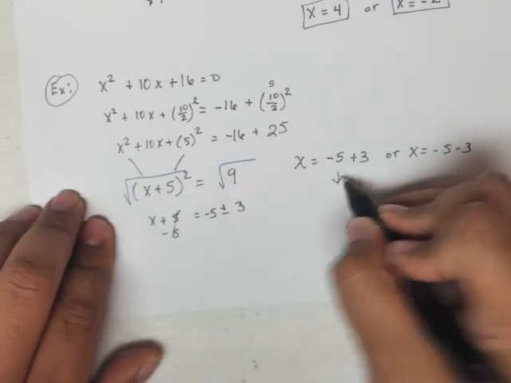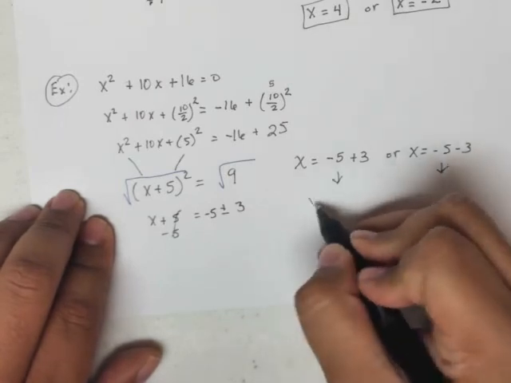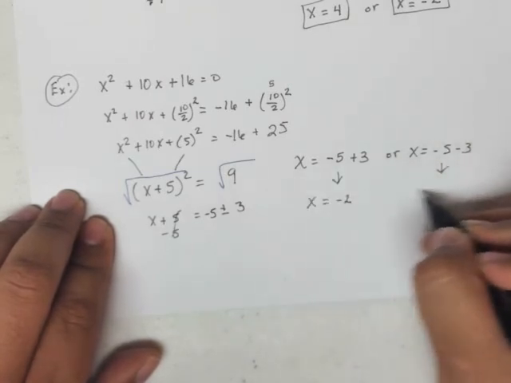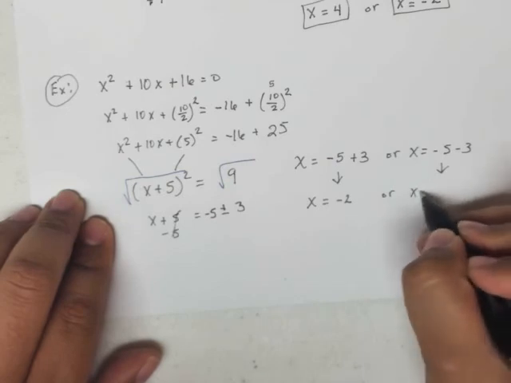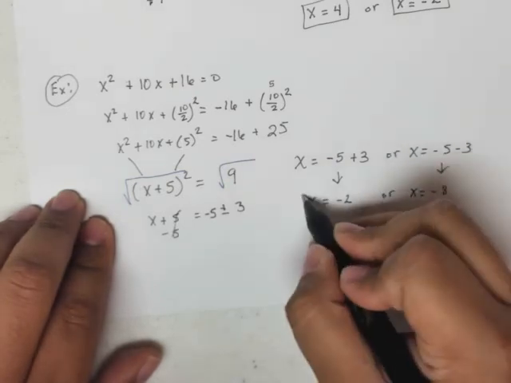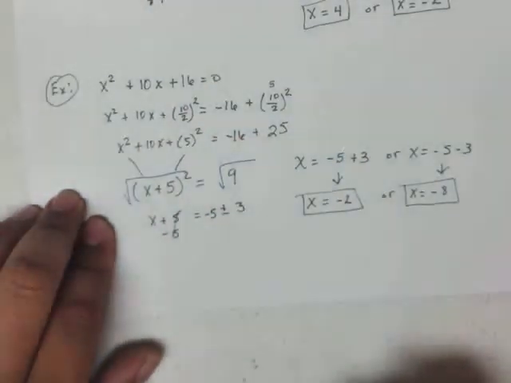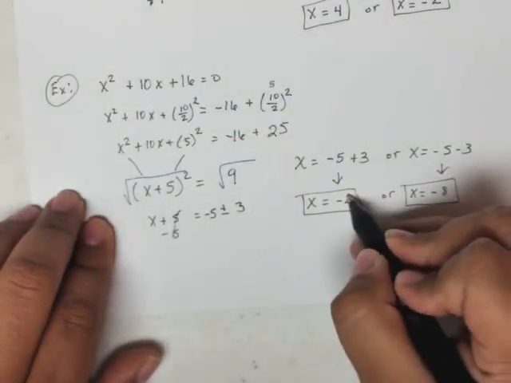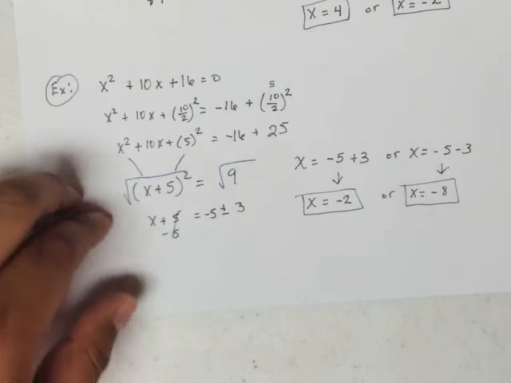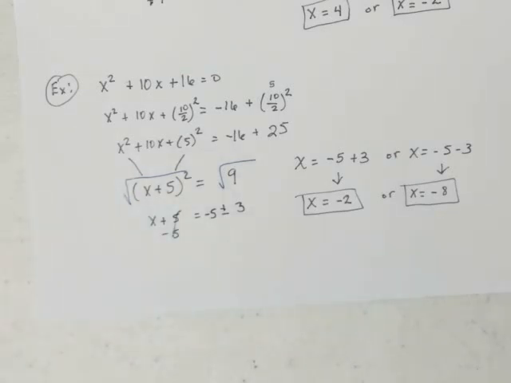So when we solve these two elementary equations, x equals either negative 2 or x equals negative 8. And again, this quadratic that we started with was very factorable. So here are two examples of where we learn how to complete the square.